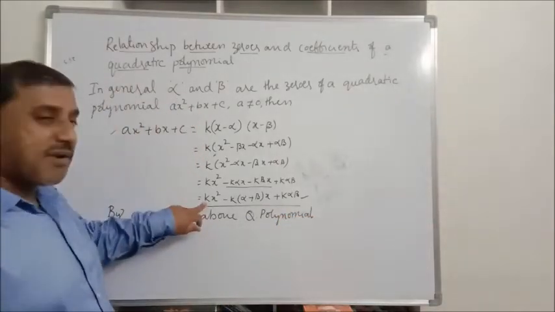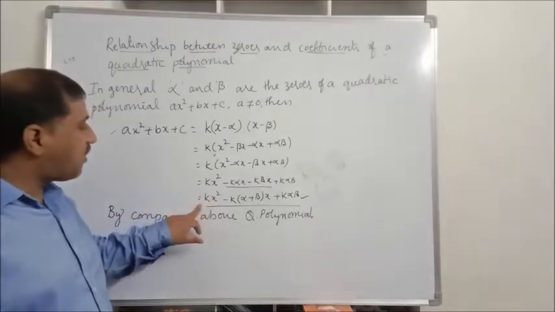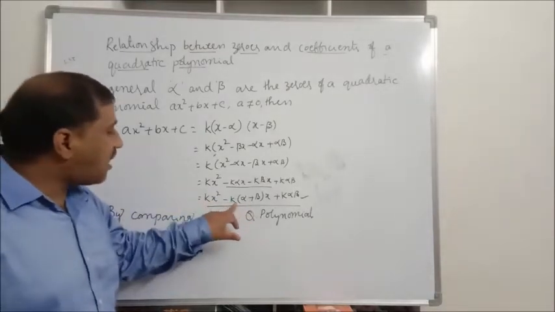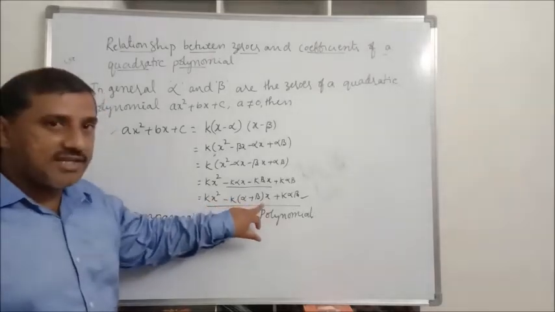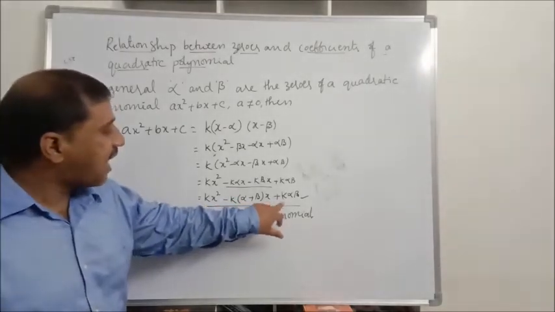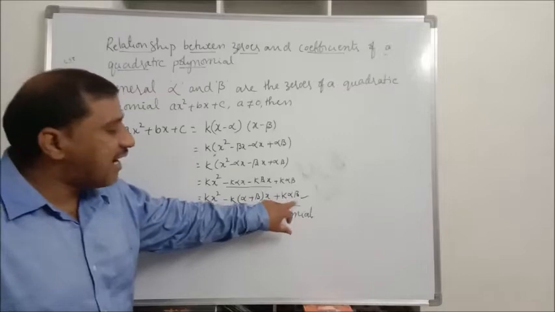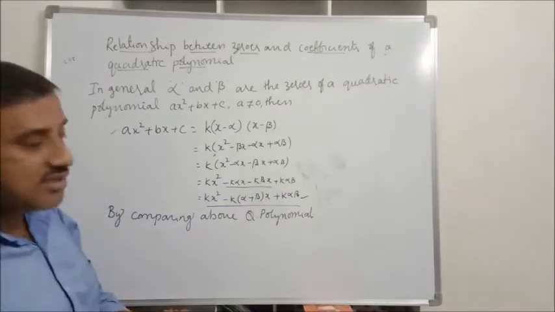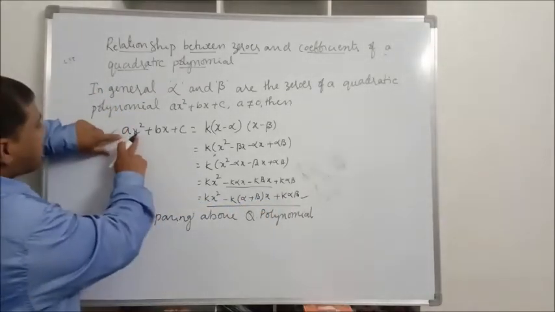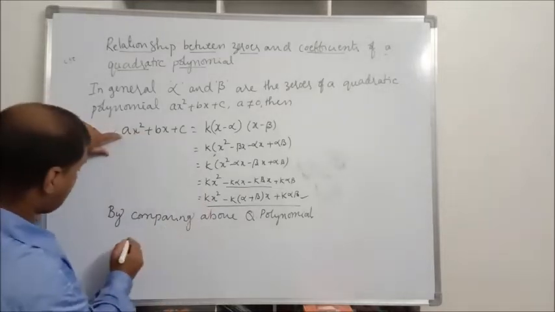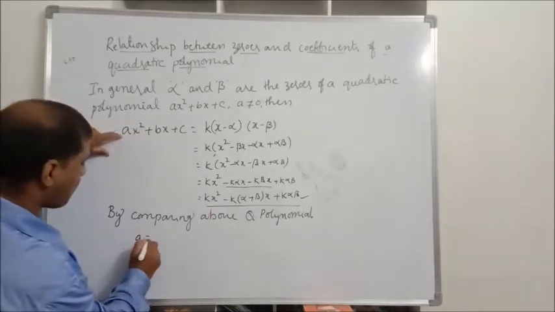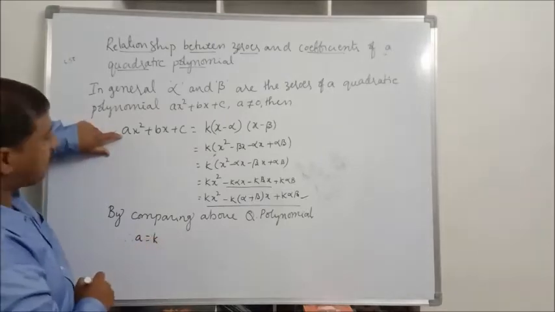Here k represents the x square coefficient, minus k into alpha plus beta represents the coefficient of x, and k into alpha into beta represents the constant term. Here the x square coefficient is a and there it is k. Therefore a is equal to k.